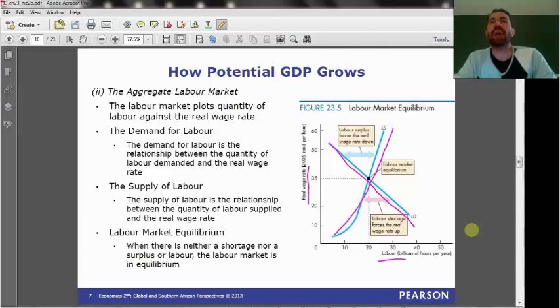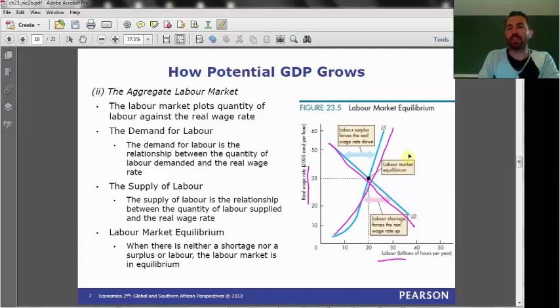It means that as the wage rate gets higher, people are prepared to supply more labor. The more you are going to get paid, the happier you are to work, and the longer the hours you will be working.